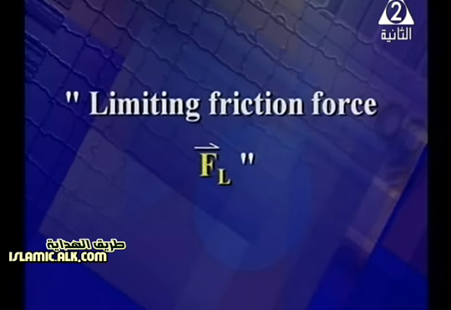Dear student, we have two kinds of the friction force. The first is called static friction force. Static friction force appears before the body is about to move, but limiting friction force appears when the body moves.